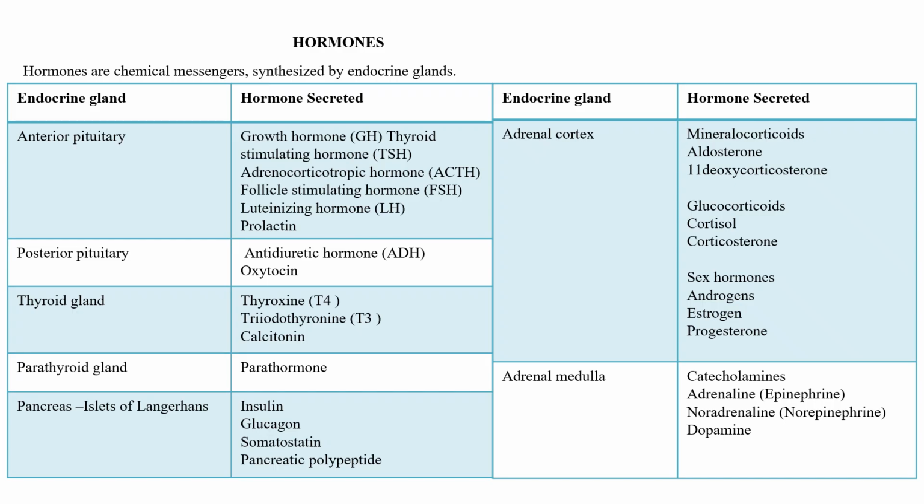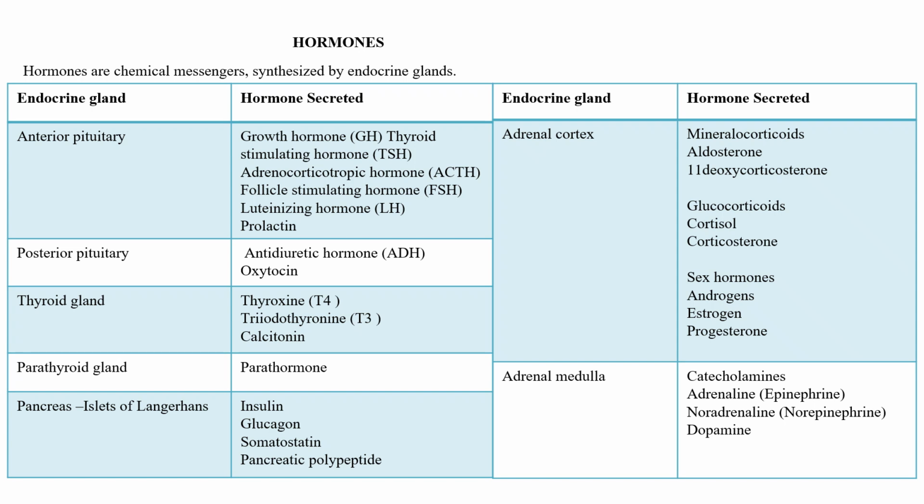The adrenal gland is another important endocrine gland. The adrenal cortex produces mineralocorticoids such as aldosterone and 11-deoxycorticosterone. It also produces glucocorticoids such as cortisol and corticosterone.